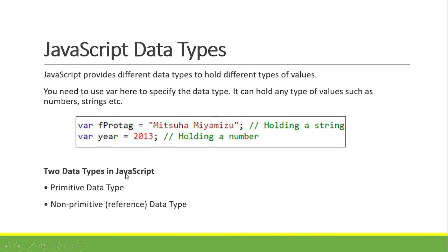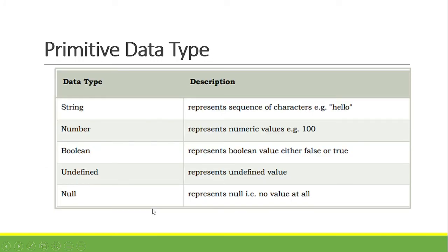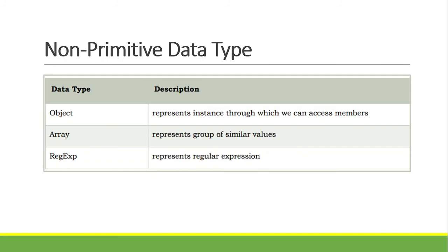There are two data types in JavaScript, the primitive data type and the non-primitive data type. Primitive data types consist of string, number, boolean, undefined, or null. While the non-primitive data types consist of object, array, and regular expression.